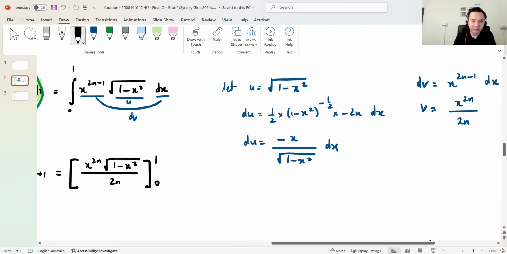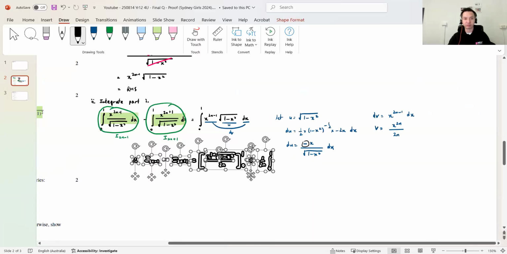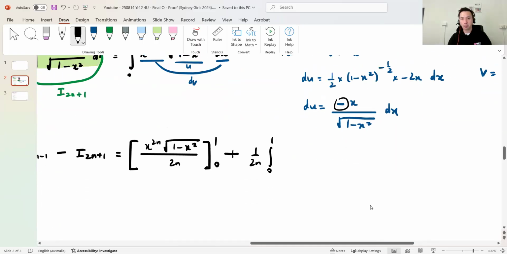Now if I sub 1 in, sub 0 in, okay, that's 0, good. That goes away. Minus that times that, so that's a plus because of this guy, right? That's a plus. Take out the constants, which is 1 on 2n. Integral from 1 to 0. Now I'm a bit squashed, so let me move this down a peg. Okay.